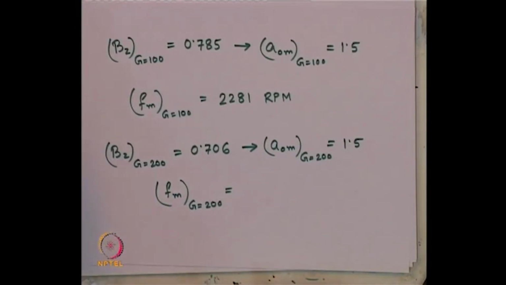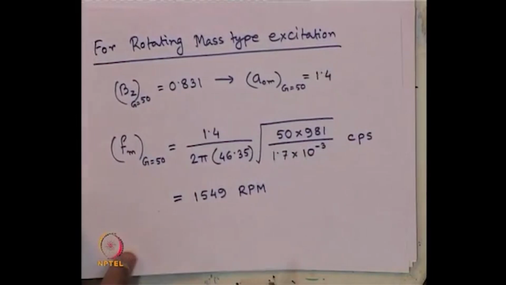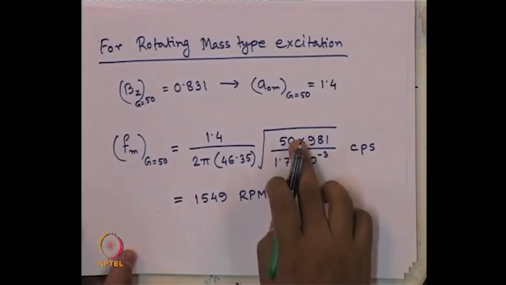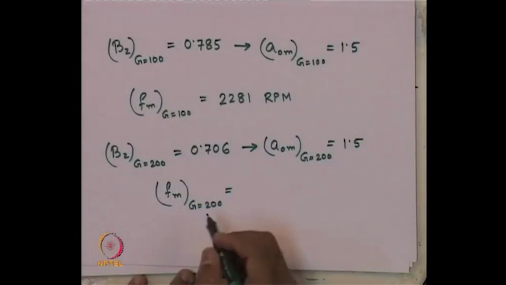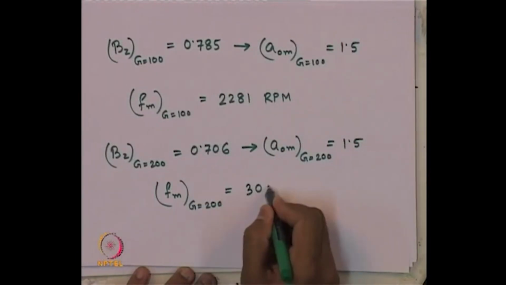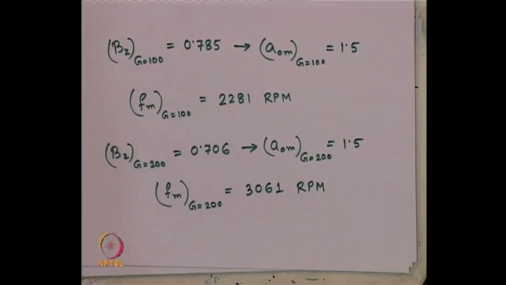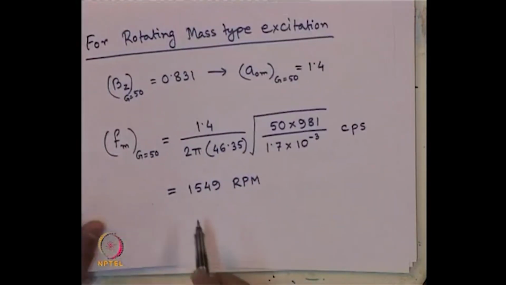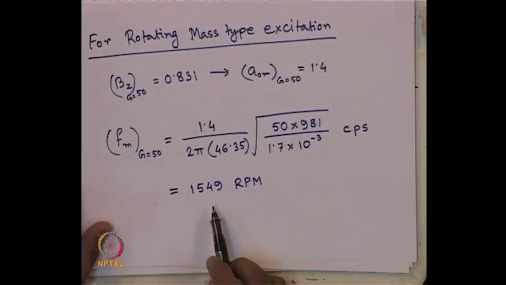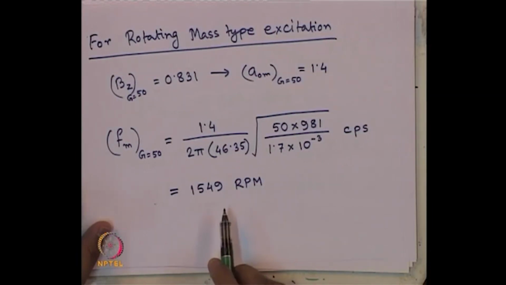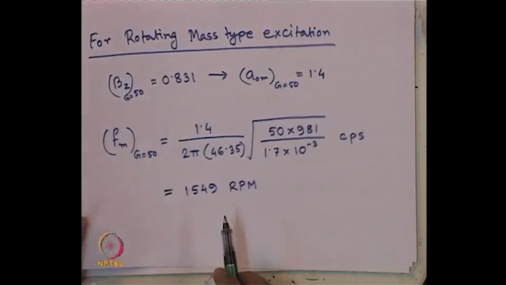In this same expression, the values are changing, like this is 1.5, this is 200, this is 2. So, it is coming about 3061 RPM. What does it mean? Looking at the three values, we can conclude that as a designer, what we can comment, that for the first type of soil, if we plan to run or operate the machine at 1500 RPM, it may lead to close to resonant condition, which can be avoided.